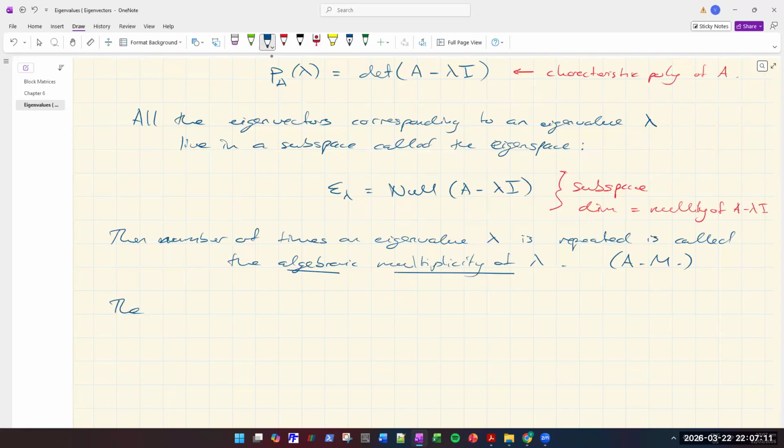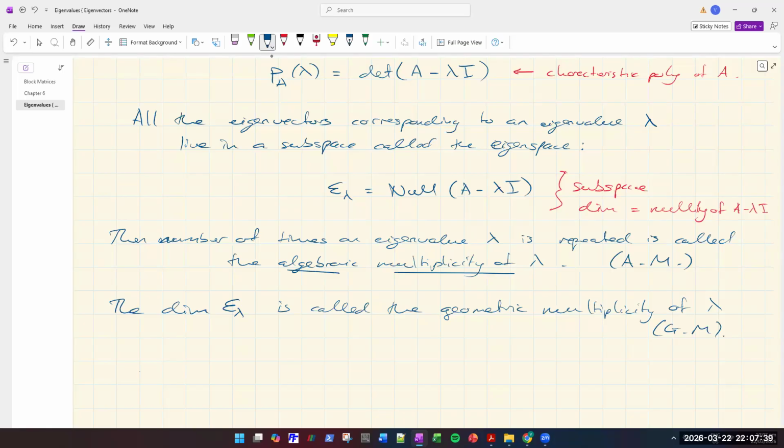So the dimension of the eigenspace associated to that lambda is called, so this is a number, it's a dimension of a space, the geometric multiplicity of lambda, GM.